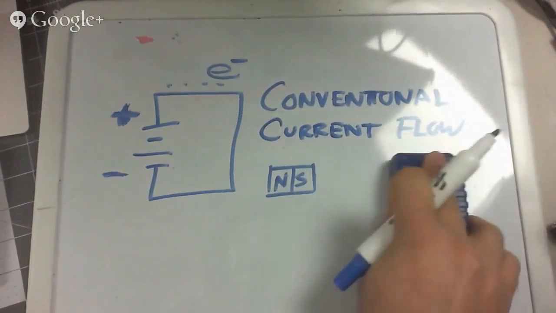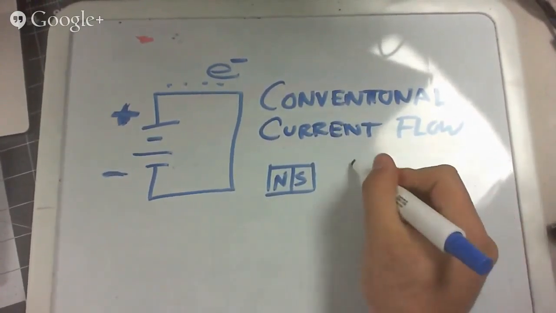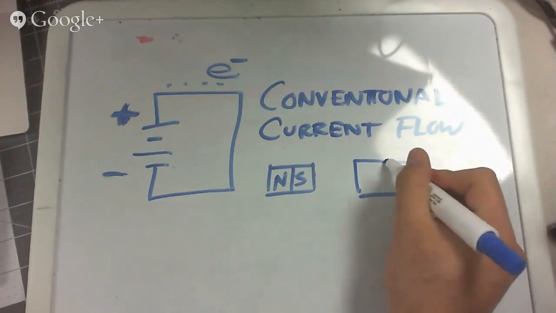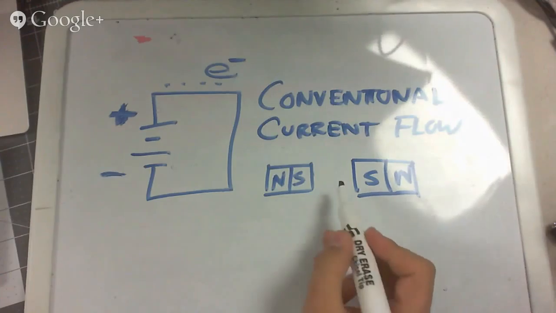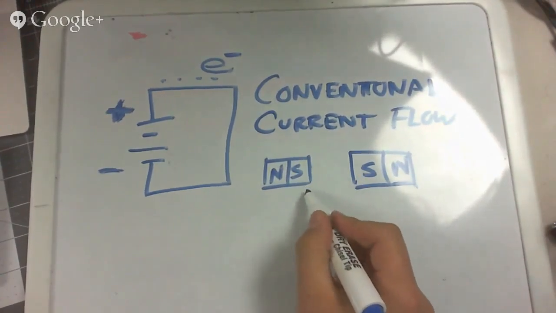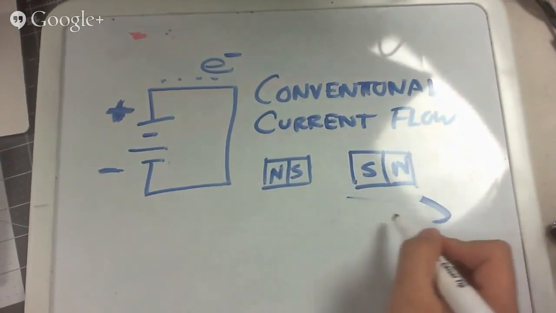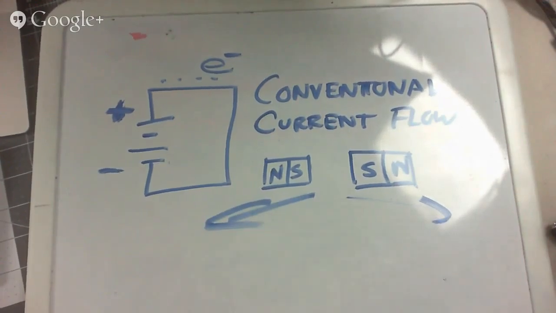Now, likewise, if I were to put two south or two north facing poles together, what happens? There's a repulsion. They don't like each other. They want to go their own separate ways.